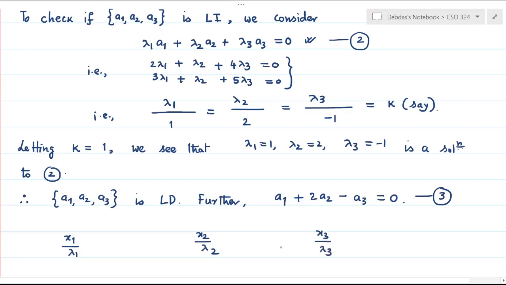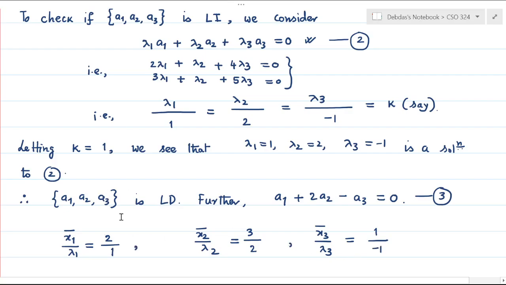And I will choose a particular value of r. x1 bar is given to be 2 and lambda 1 is 1. x2 bar is given to be 3, lambda 2 is 2. x3 bar is 1 and lambda 3 is minus 1. Fine. Notice that you have this.